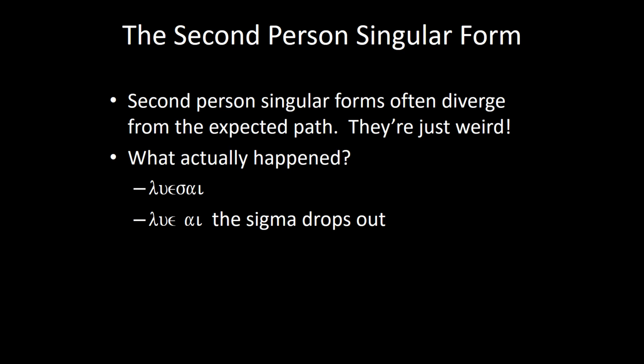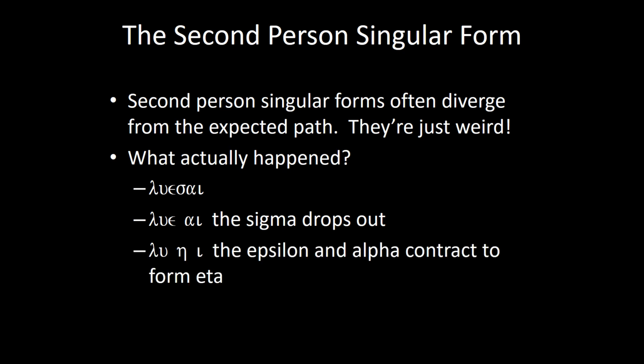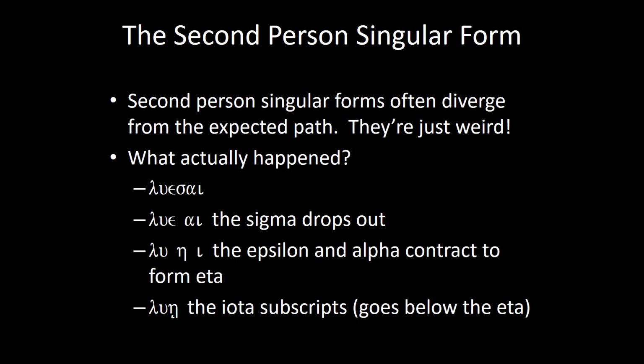So we're left with the epsilon bumping into the alpha. When that happens, the epsilon and alpha can combine to form a new letter. So they combined to form an eta. And then we have this iota hanging out at the end. Well, the iota subscripted. It went below the script. Remember, a submarine goes below the water, and an iota subscript goes below the script, below the writing.